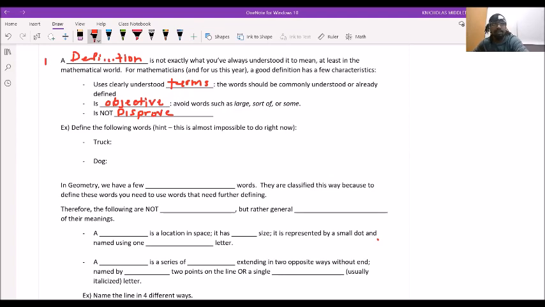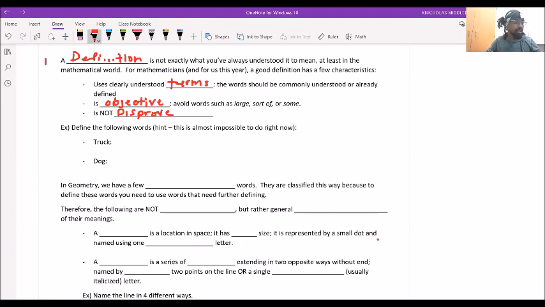In the math world, people would say, well, is a sedan a truck? Is a sports car a truck? You say, well, no, a sports car is not a truck because a truck has an open bed. Then you could say, well, is a semi-truck a truck then? Because it has a closed bed. So you understand that what we're trying to do is give a definition that's going to be universal. You can't disprove it, and it's also going to relate to the situation.